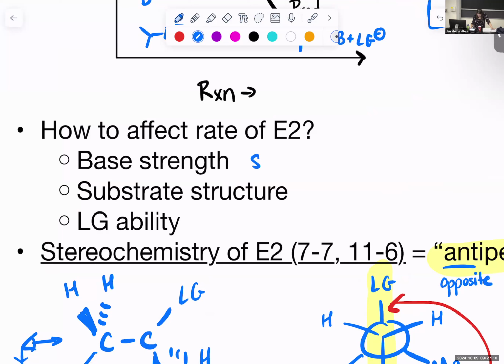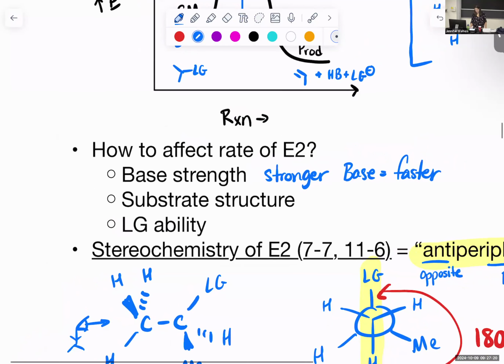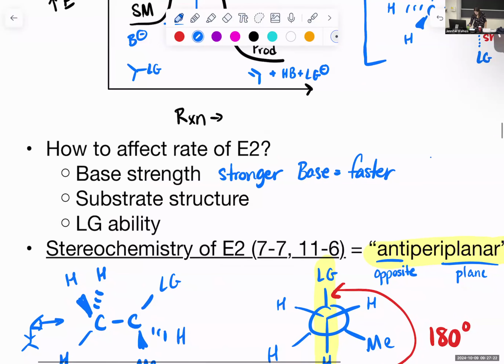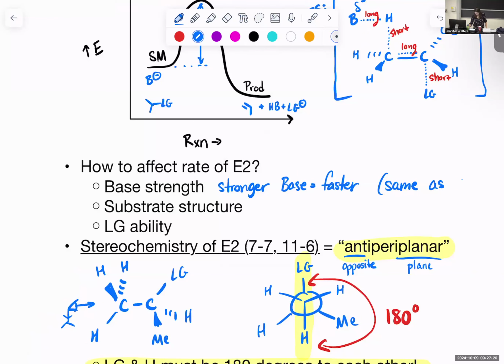The stronger base is going to be faster. That is normal. It's the same kind of thing as the SN2. For leaving group ability, you again need a good leaving group. So the better leaving group is going to be faster. Again, same as SN2.